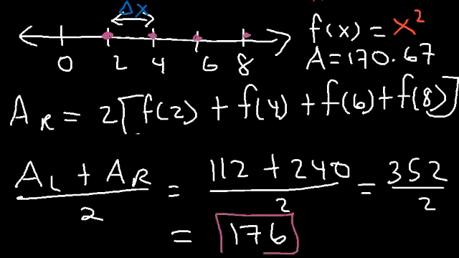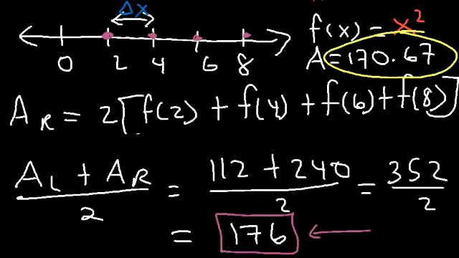Notice that if you average the left and the right Riemann sum, you get a very good approximation of the area. 176 is very close to 170.6. But the average is still an over approximation, as you can see.